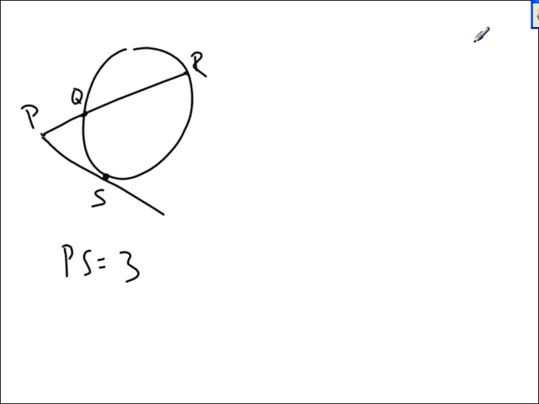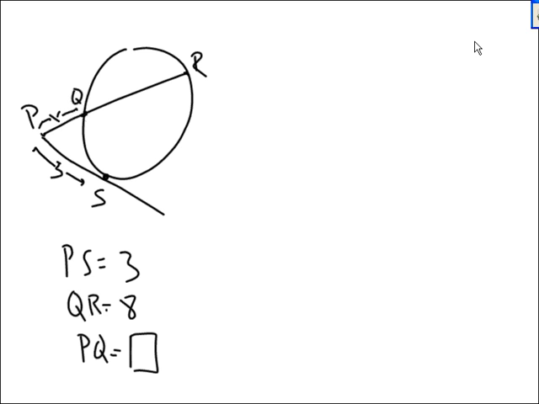How about QR is 8? QR is 8, and we want to find PQ. How much is PQ? Well, for right now, we'll call it X. PQ is X. PS is 3. And QR is 8.